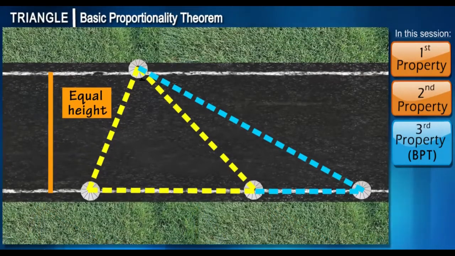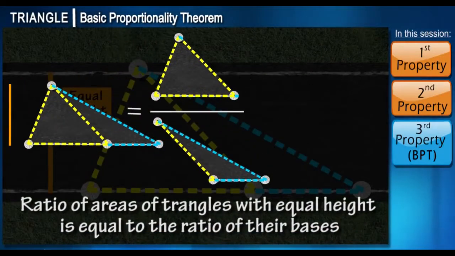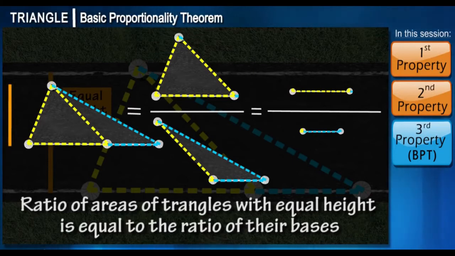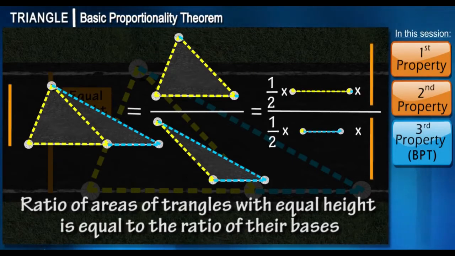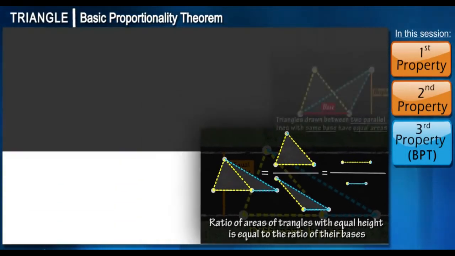But the ratio of their areas is equal to the ratio of their bases, because when we take the ratio of the areas, the constant terms are cancelled out. Here you can see 1 by 2 is cancelled by 1 by 2, and height is common in both the triangles, so height will also be cancelled.